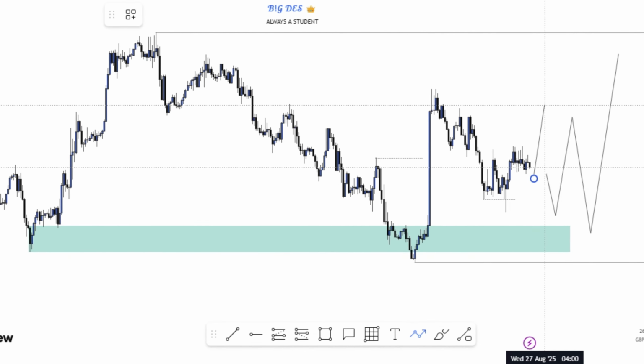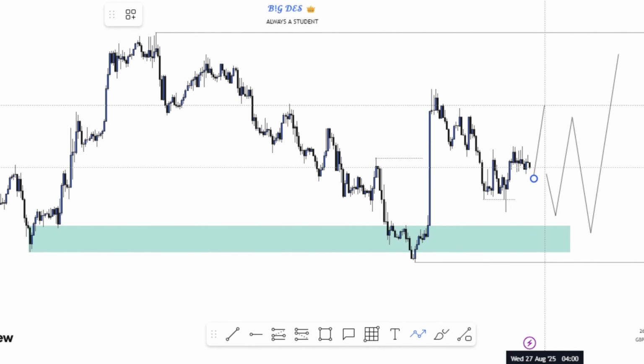If that doesn't happen, I would like to see this setup failing, which means price coming as low as this point, taking everything out and then giving us a confirmation to join the buys. So now I'll wait to see what's going to happen.